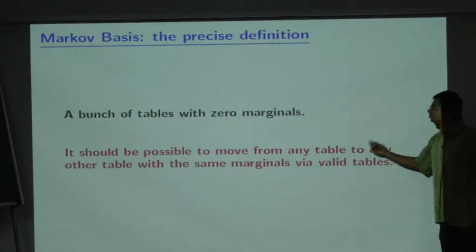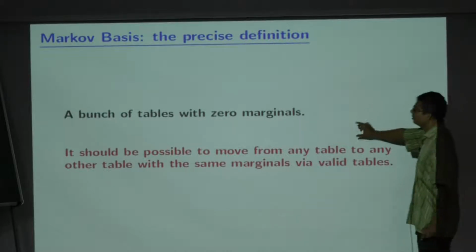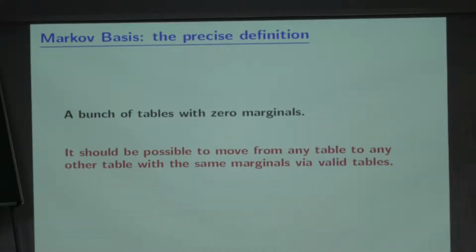Any contingency table to any other contingency table with the same marginals, valid tables means in the intermediate steps, you should never get negative entries and things like that. If it is always possible, then you call such a bunch of tables a Markov basis, and based on our puzzles, we immediately see that using this, we can generate any distribution on the set of all contingency tables.